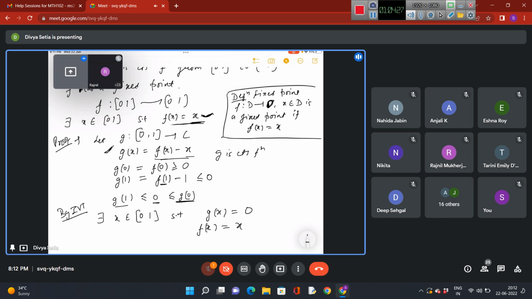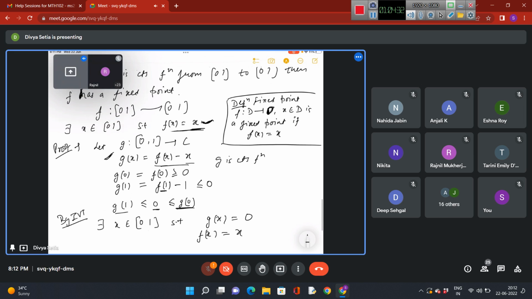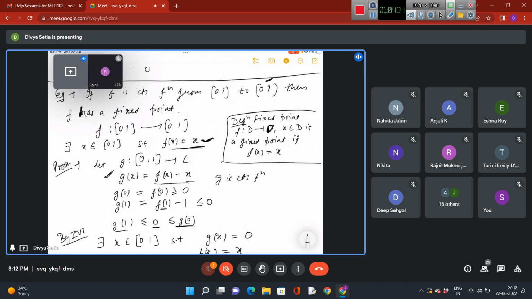So then you got that every continuous function from 0 1 to 0 1 always has some fixed point.